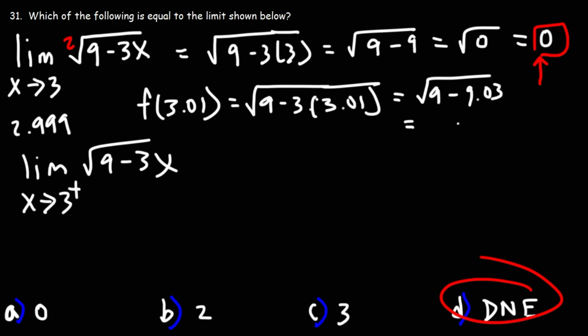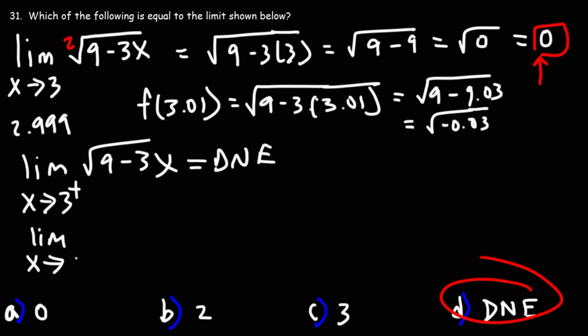That's 9.03. 9 minus 9.03 is negative 0.03. Now, we can't have a negative inside the radical, so this is not going to work. The limit doesn't exist on the right side.